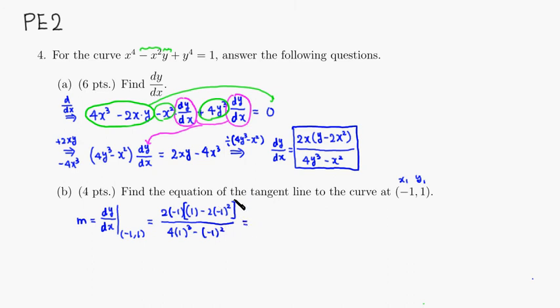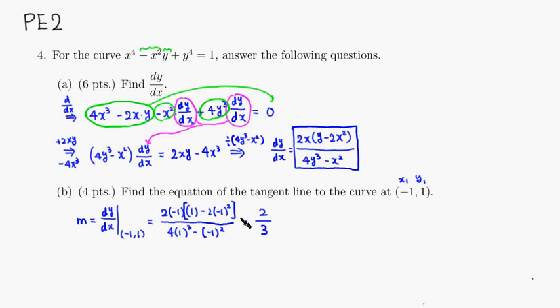So you have 1 minus 2, which is -1. That cancels with this -1, so you have 2 on top. And you have 4 minus 1, so it's 3.